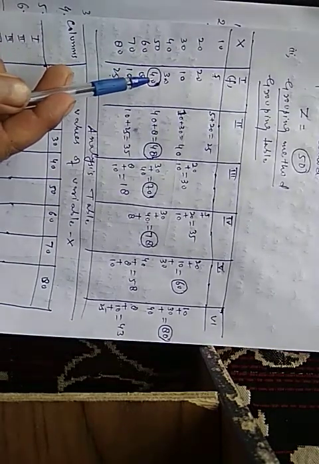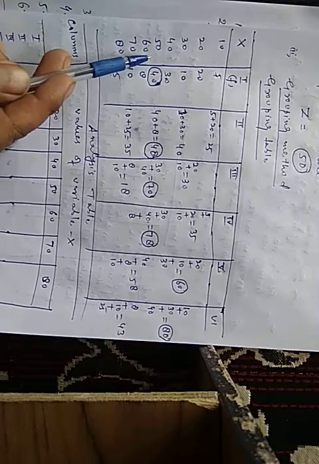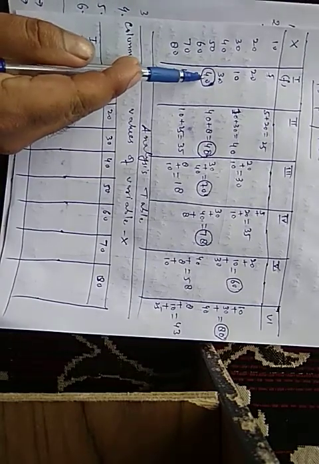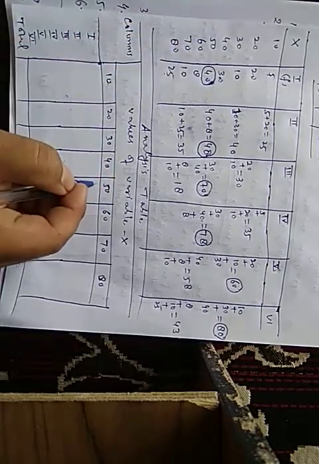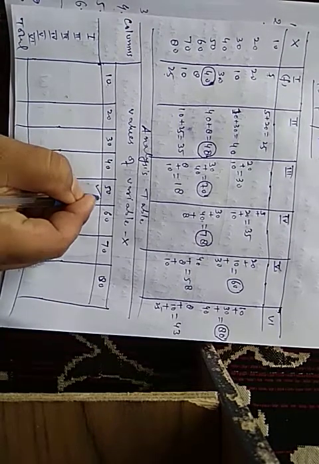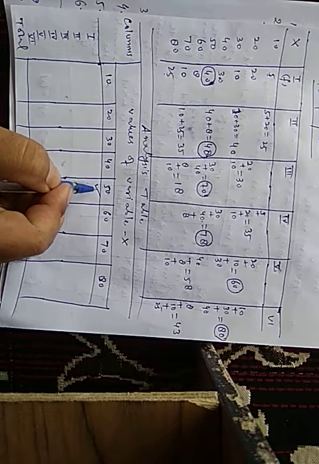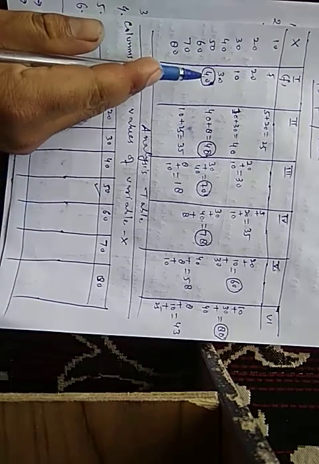In the first column, the highest frequency is 40 and the value of variable is 50. That is, I will make use of tick mark against the value of variable which is equal to 50 because it is having the highest frequency in the first column.